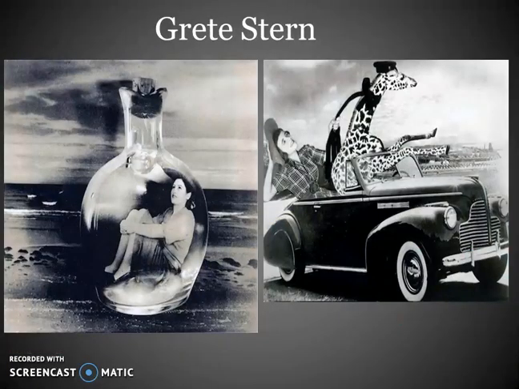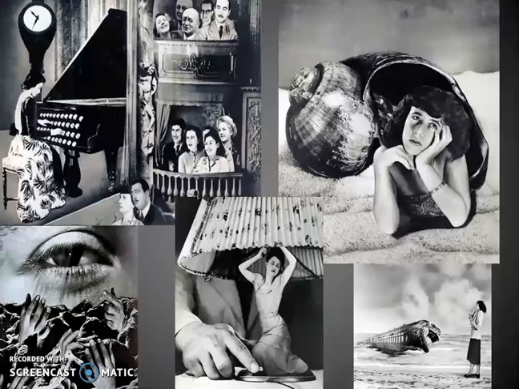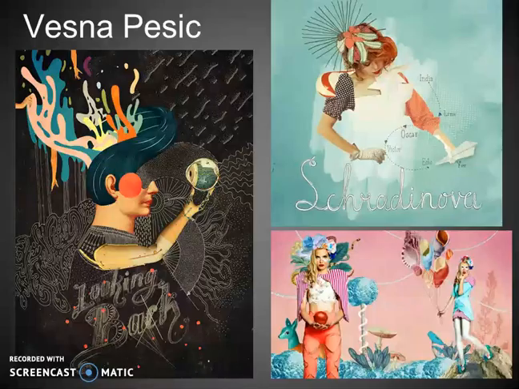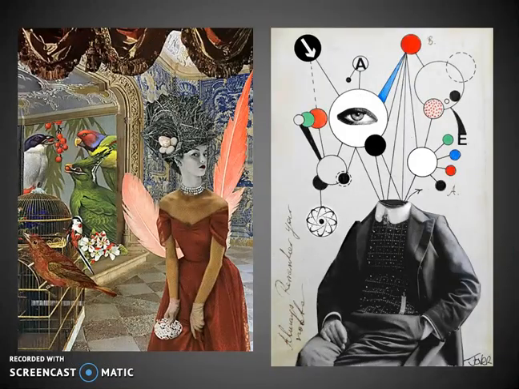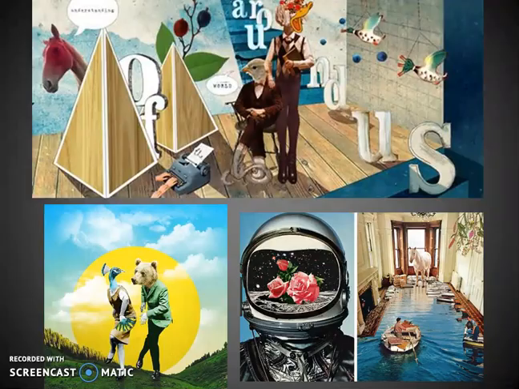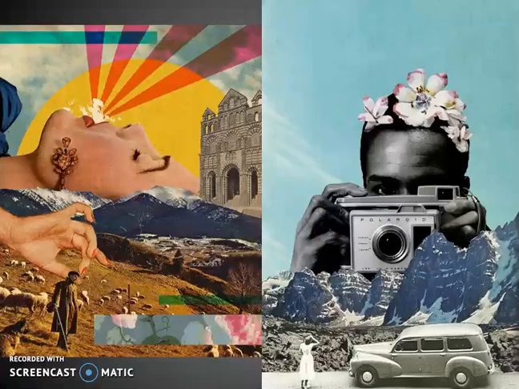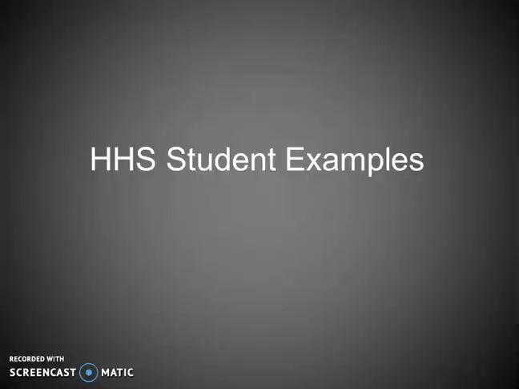What about them? What type of images are they using? What surreal devices do you think they're using? Are they using a specific color scheme that you really like? How are they creating depth? You know, what things are they doing that are attractive to you? Okay.